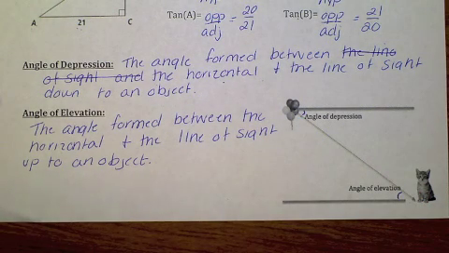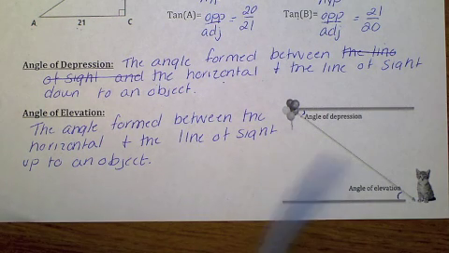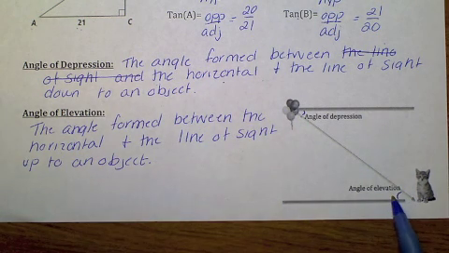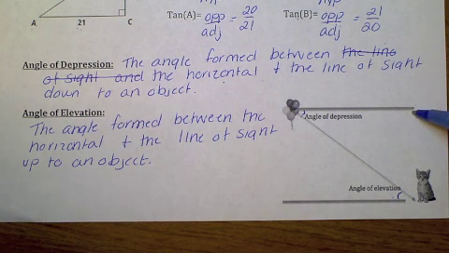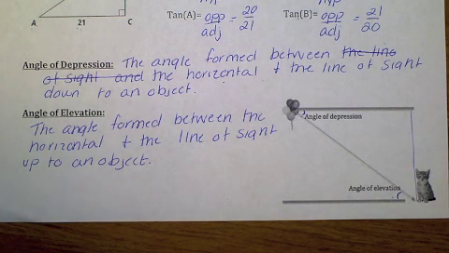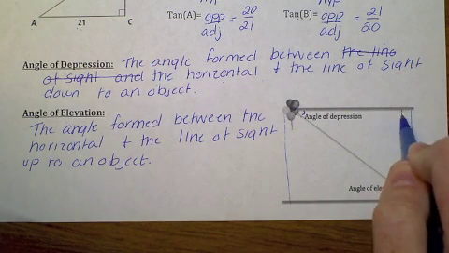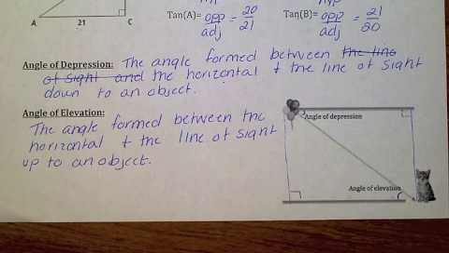Now, hopefully you remember from geometry that these are, I believe, alternating interior angles, which makes them equal. So if you have an angle of elevation, you automatically know the angle of depression. Now, if you're wondering how this ties in, if I were to draw just a line straight down from either one of these objects, I will be forming a right triangle. Okay, so these two concepts are definitely going to be integrated tomorrow into some word problems. All right, and that's it.